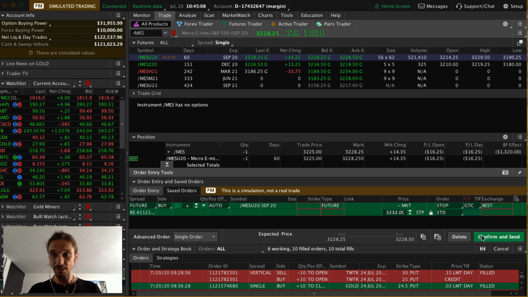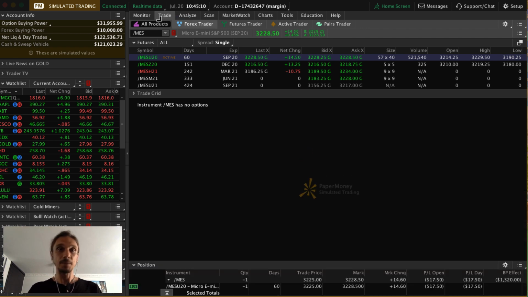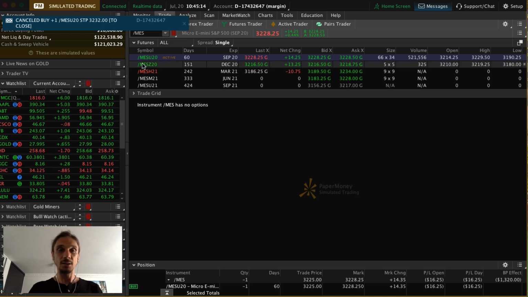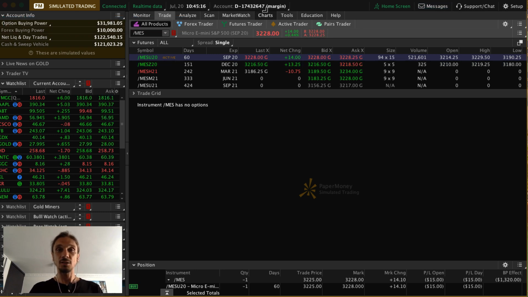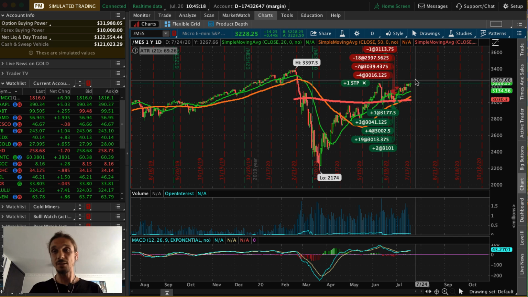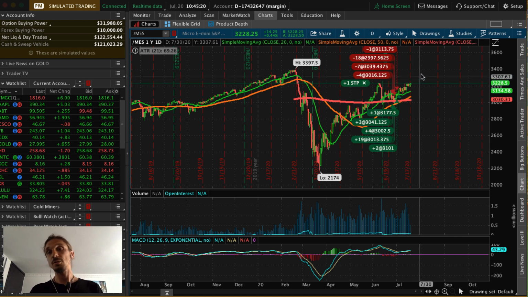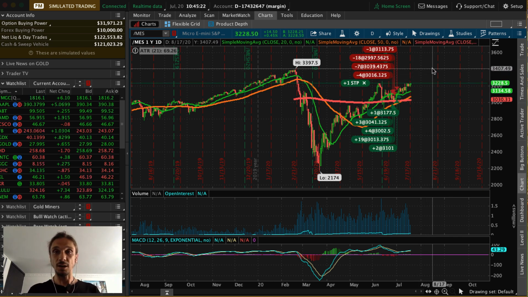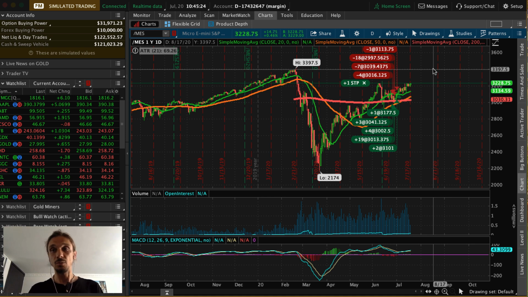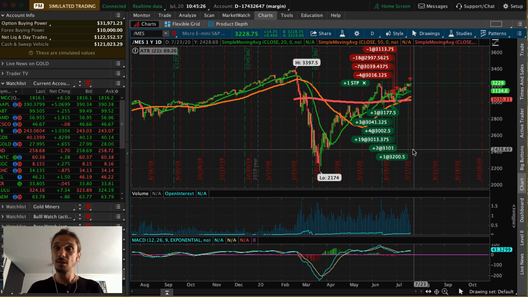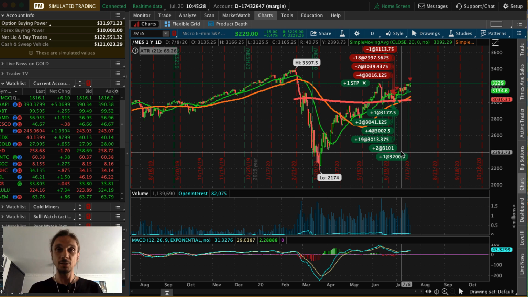So I'm going to replace this and just place it again. It's a stop order, and I'm just going to keep it there until S&P 500 reaches that level. So basically it passes that resistance, makes it support, and I expect it to go higher, even to the 340s. So that's what it looks like to me.